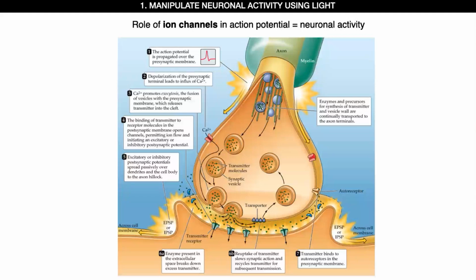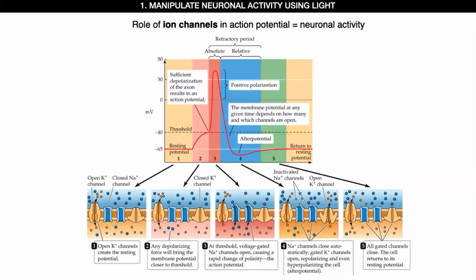So what are the ions that are important for this process, which are the ion channels that are present on the membrane? Well, to lead to an action potential, so to lead to excitability of a cell, there are two main ions that are important, which are sodium and potassium.